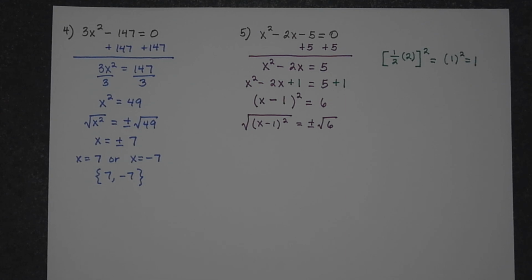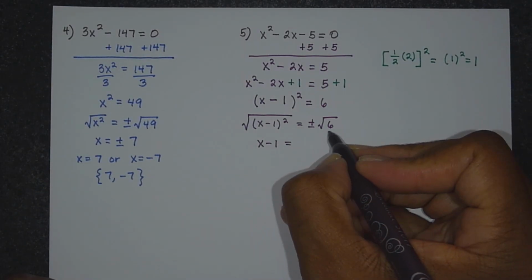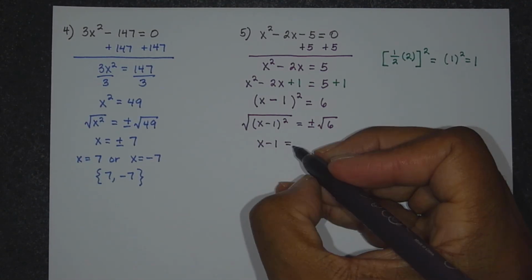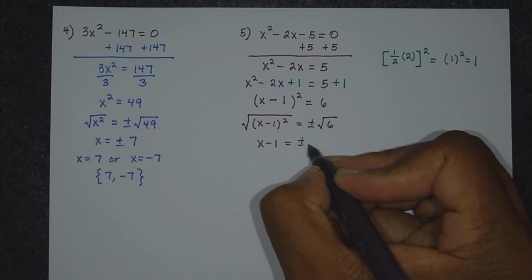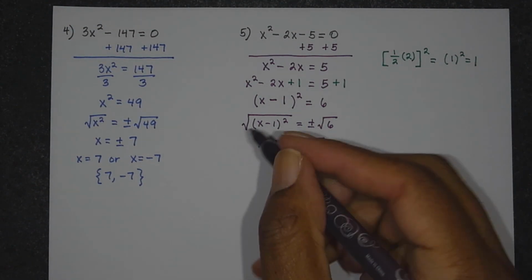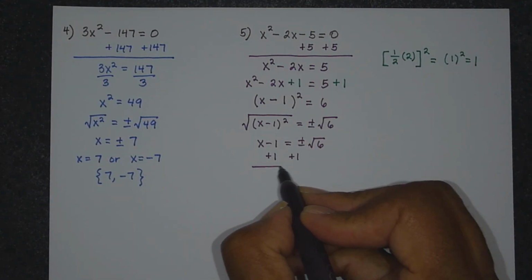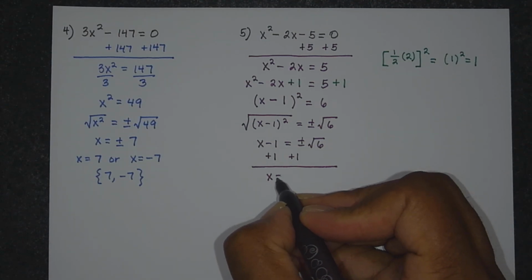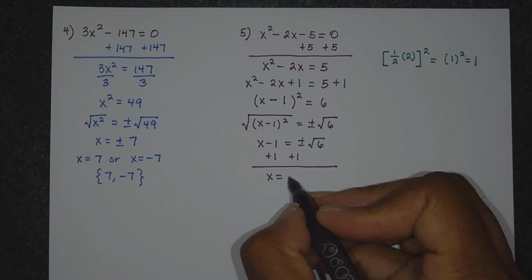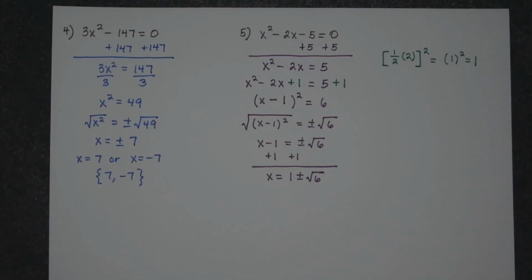Now the square root of x minus 1 quantity squared becomes just x minus 1. Now 6 is not a perfect square, meaning that I can't take the square root of that number to get a whole number, so I will leave that as plus or minus the square root of 6. And now I need to solve for x by doing what? Add 1 to both sides. So this will be x is equal to, now these are two totally different terms. I can't combine those, so I'll just have to say 1 and then plus or minus square root of 6.